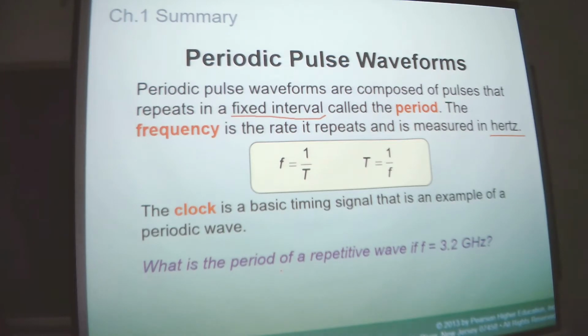What is the period of a clock wave if f equals 3.2 gigahertz? You can do some calculation. What is the unit? This is in seconds.